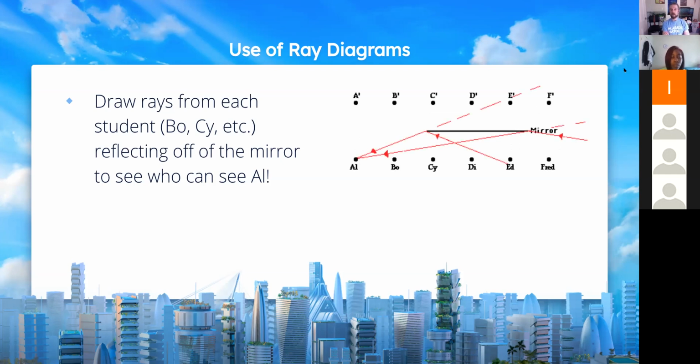Okay, so here's our answer. What we can do in order to do a systematic answer to this is we can draw the angles of reflection from both sides of the mirror.